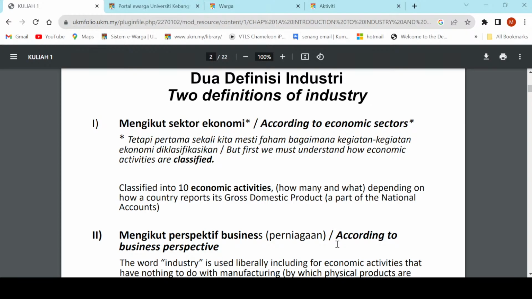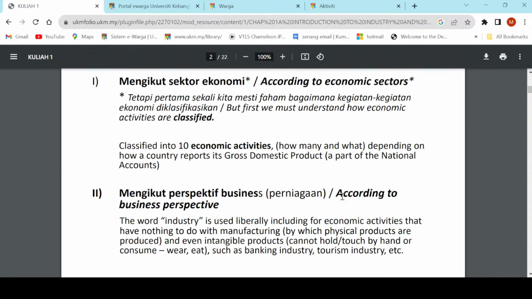All those that we are already referring to as number 2, the definition of industry according to business perspective, is used liberally, including for economic activities that have nothing to do with manufacturing. From manufacturing, physical products are physically produced.